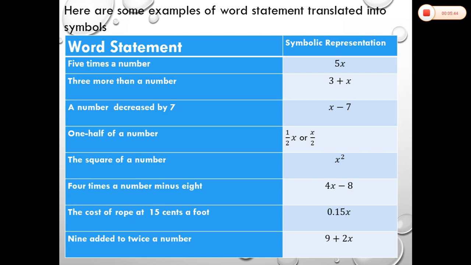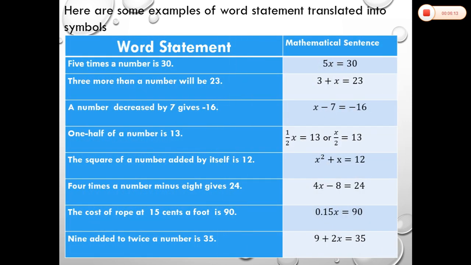A number decreased by 7 is x minus 7. 1/2 of a number is 1/2 x or x over 2. The square of a number, translated as x squared. 4 times a number minus 8 is 4x minus 8. The cost of rope at 15 cents a foot is 0.15x. 9 added to twice a number is 9 plus 2x.